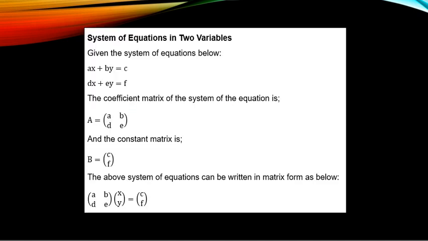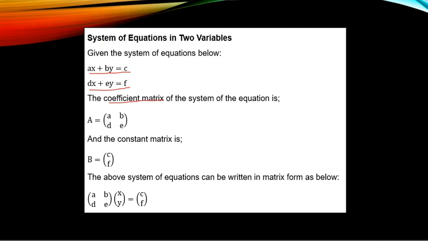Consider a system of equations in two variables, that is, two equations with two variables. We have this system: ax plus by equals c, then dx plus ey equals f. We have two equations with two variables x and y. To continue, you have to obtain the coefficient matrix of the system. The coefficient matrix is the matrix you obtain using the variable columns.